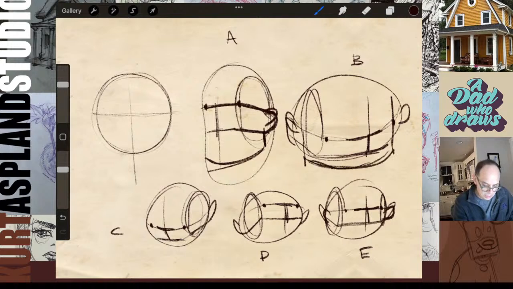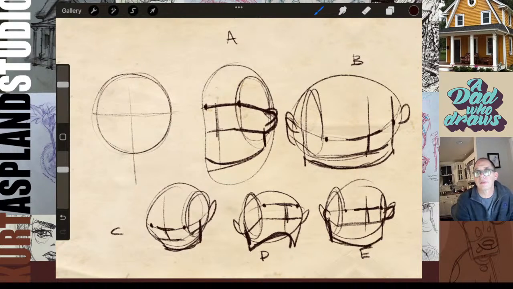And we'll do C. Sweep it around. And now on D, he's looking up, so it's going to be something like this. And E, it's coming like this.